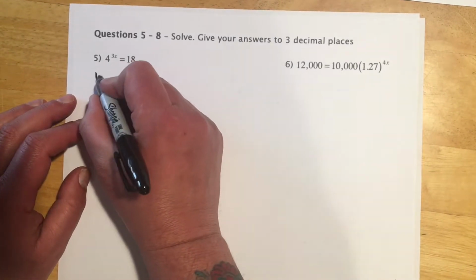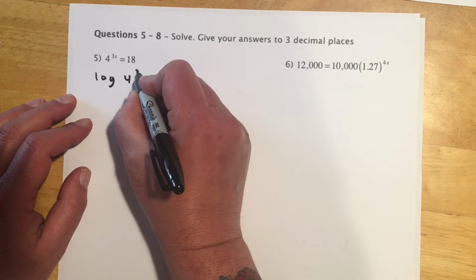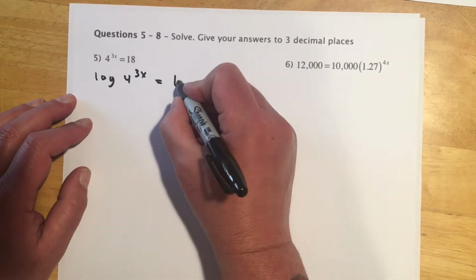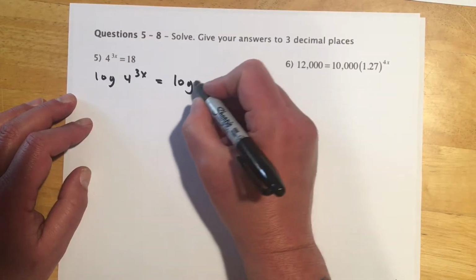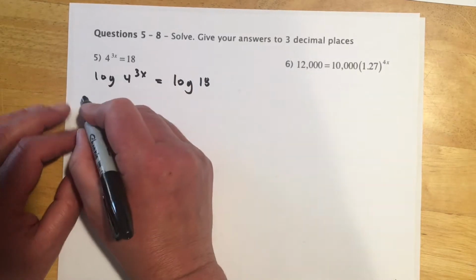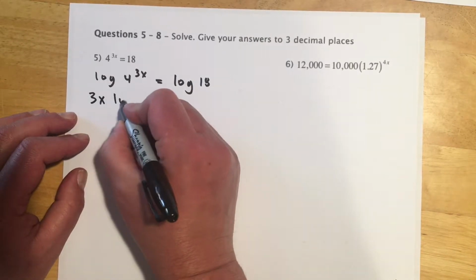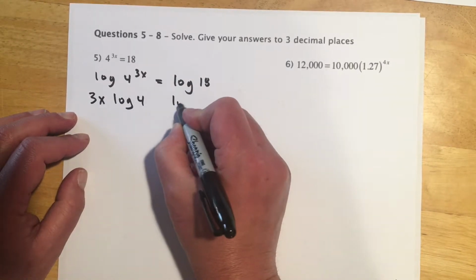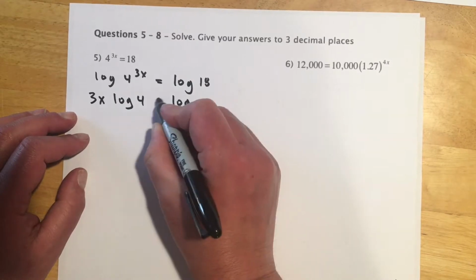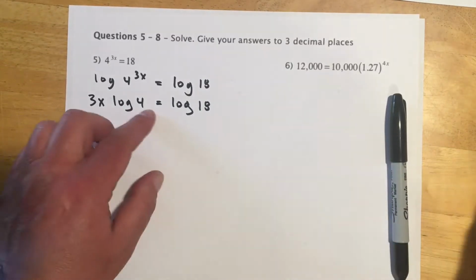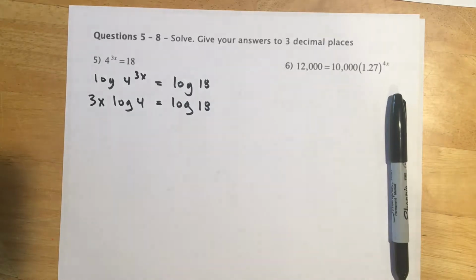So for number 5, I'll log both sides. It's kind of our basic first step as long as the exponential is by itself. Bring the exponent down front. That's kind of our second step. And then divide out whatever you need to divide out to get x alone.